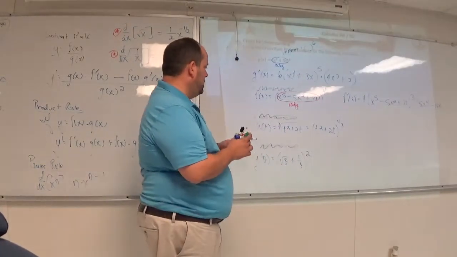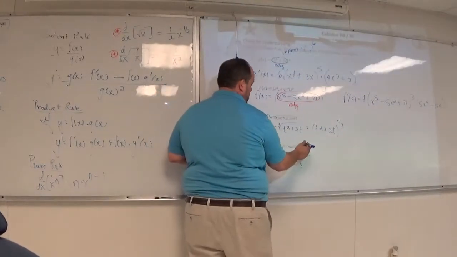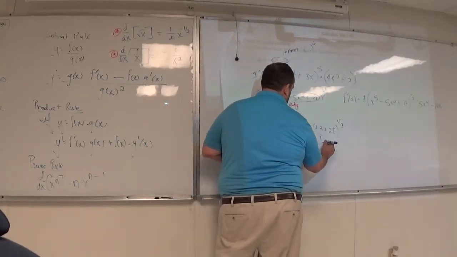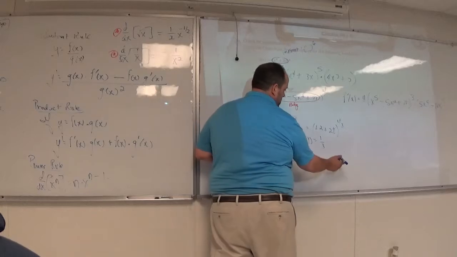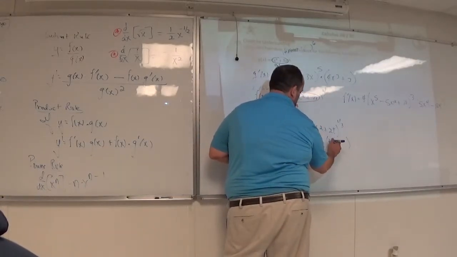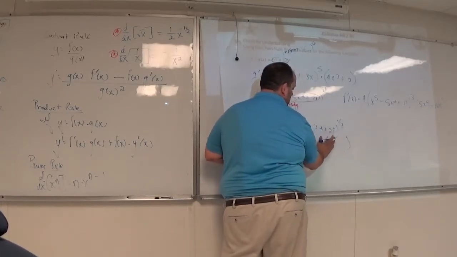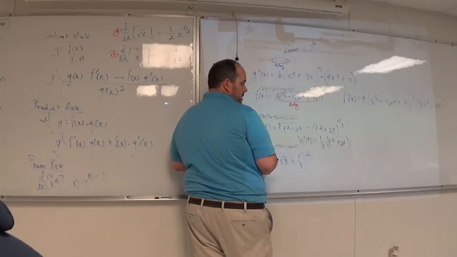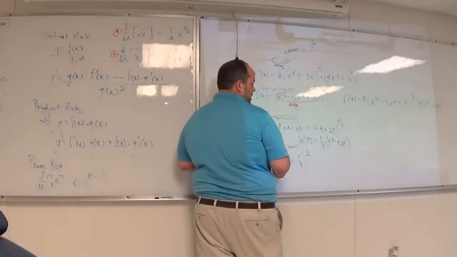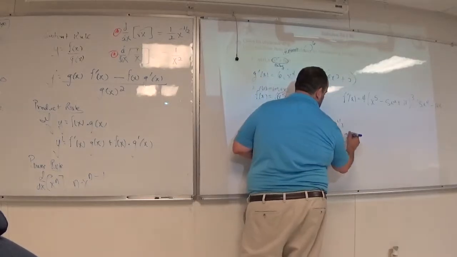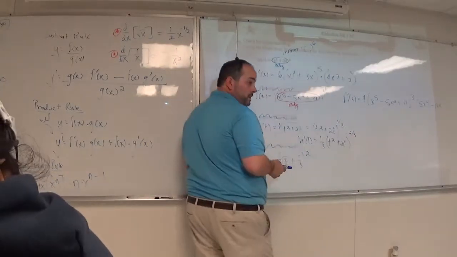Because then you can bring the 1/3 to the front of the function. Okay, so 1/3, and then it'll be t squared plus 2t. And then you reduce the exponent by 1, so that's going to be to the negative 2/3 power.